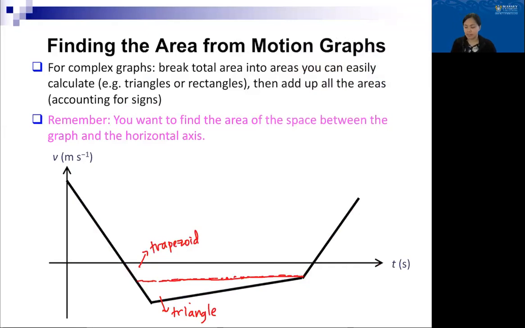We'll look at a numerical example of that later on, but essentially you can divide this irregularly shaped part into a trapezoid and a triangle, or triangles and rectangles. It's totally up to you. Okay, does that sound okay? All good? Or are there any questions so far?